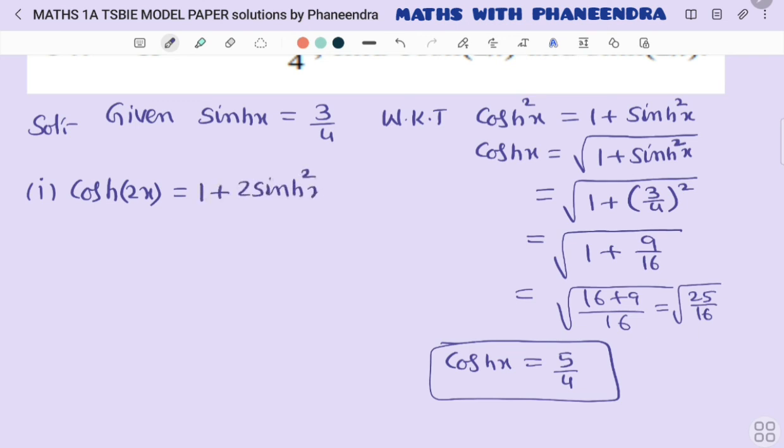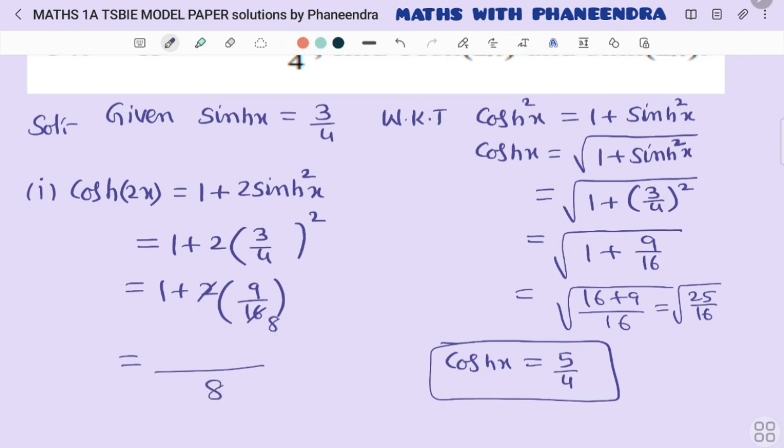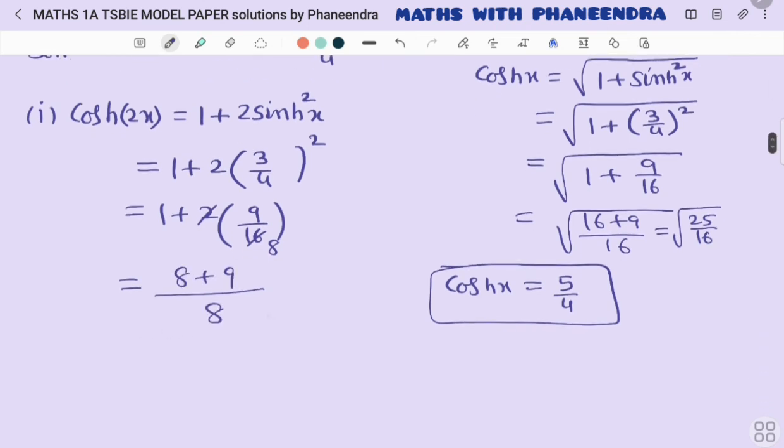This is the formula for cosh 2x. So, 1 plus 2 into sinh x whole square only, no. So, 3 by 4 whole square. 1 plus 2 into 9 by 16. So, 2 ones are 2, 2 eights are 16, so 8 is the LCM, 8 plus 9. So, 17 by 8. This is cosh 2x.